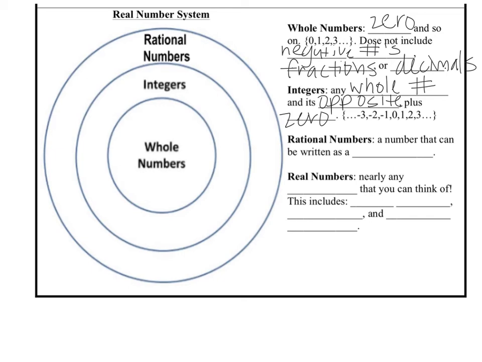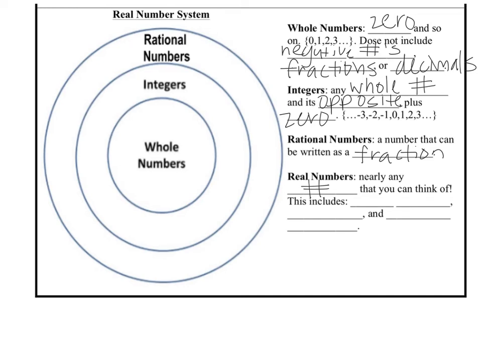This is a number that can be written as a fraction. So if you can write it as a fraction, then it is considered a rational number, and we'll talk more about that in just a second. And then real numbers. Nearly any number that you can think of.